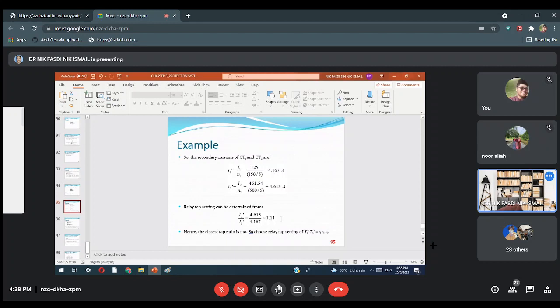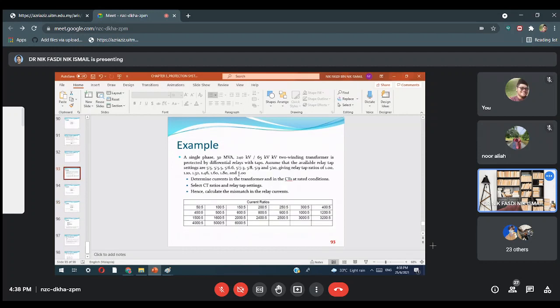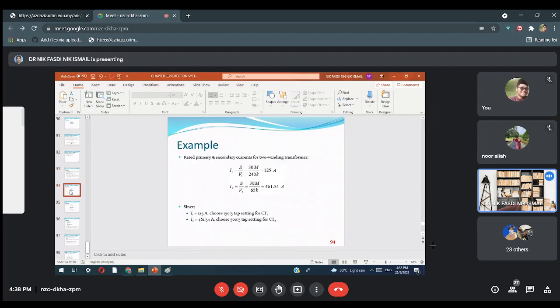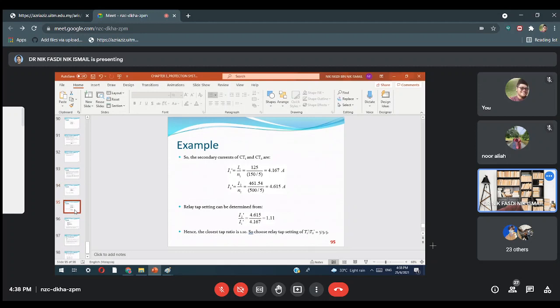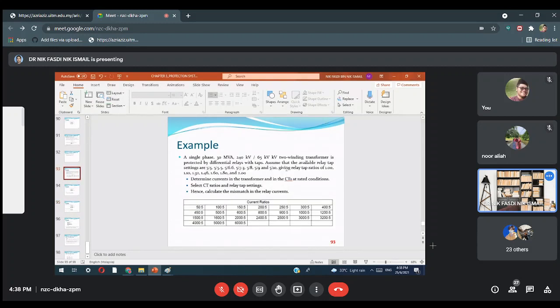Actually, this 1.11 goes back to the question here. Where is it? The closest one, right? So the ratio between the primary and secondary current of the current transformer is 1.11. Back to this question, the closest is this 1.10, that's what it means.